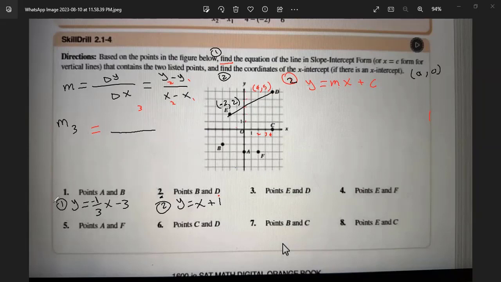So for number 1, y equals 0, negative third x plus 3. We move this to the second part here, negative third x.